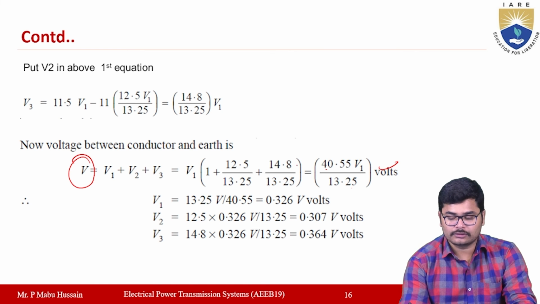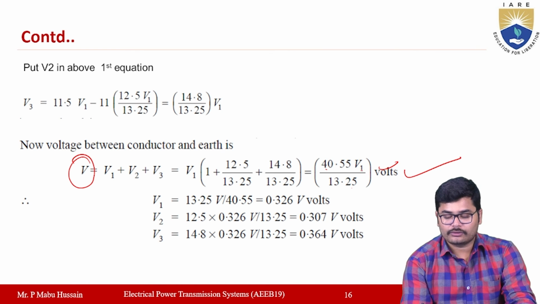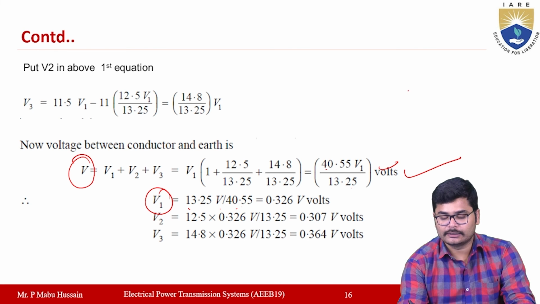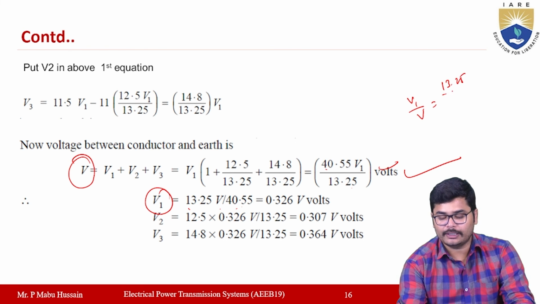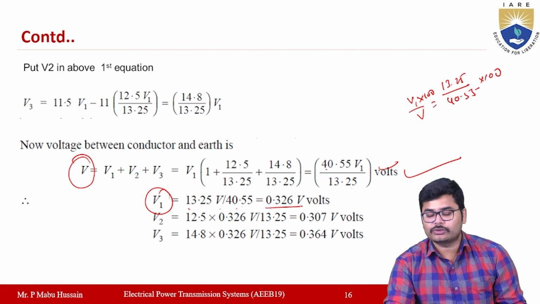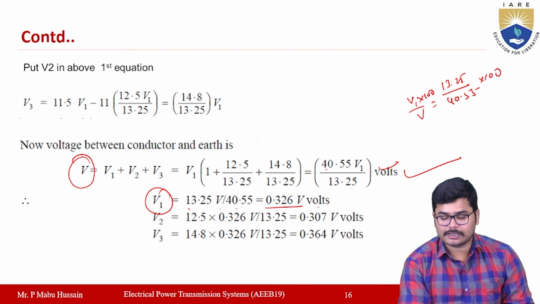From this equation, what can you write? V1 will be equal to 13.25 V by 40.55. So from this you will get V1 by V is equal to 13.25 by 40.55. If you multiply by 100 you will get the percentage. That value is 0.326 V, or as a percentage, 32.6%.